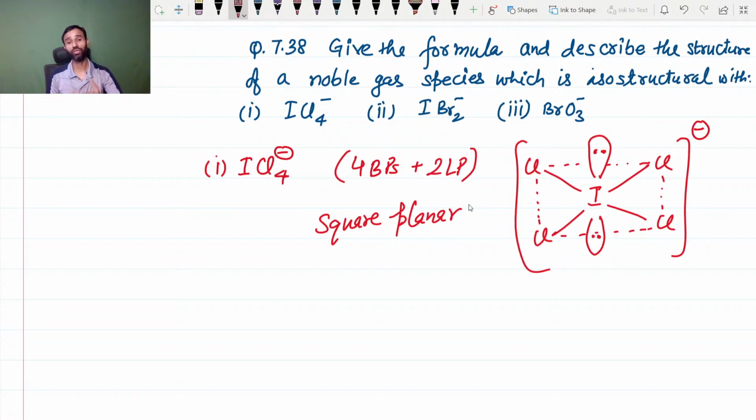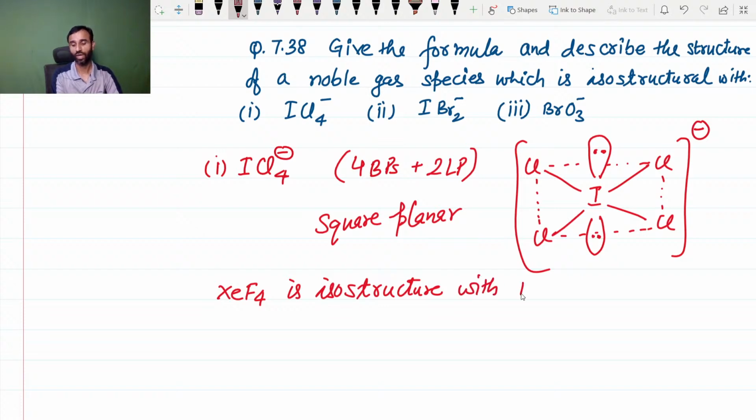Now the species which is isostructural with ICl4 negative is XeF4. You know what isostructural means? Isostructural means having the same structure. That means having the same bond pairs and lone pairs.